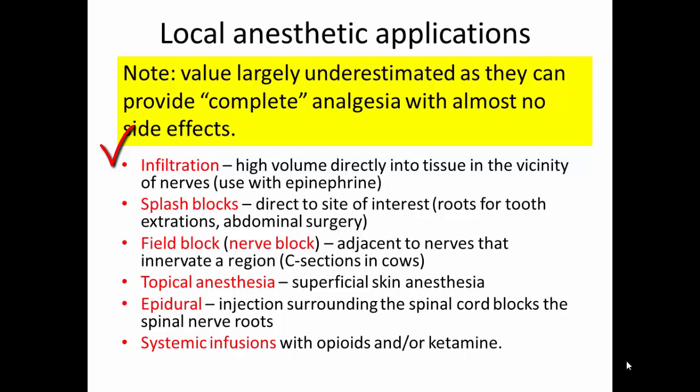Now, a splash block is when the drug is directed to the site of interest, let's say a root canal for a tooth extraction, or for example, adjacent to an ovarian ligament for ovariohysterectomy.